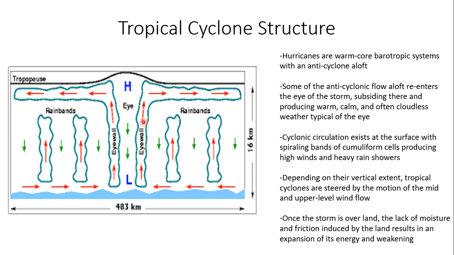In addition, with eye walls, there's something known as the eye wall replacement cycle. What happens is, in very intense tropical cyclones, you get one primary eye wall.